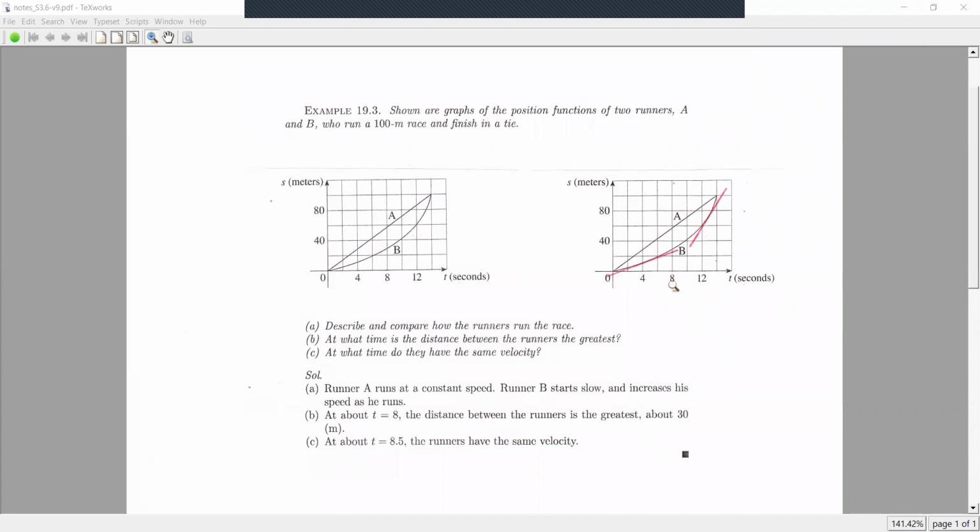That means that at time a, runner B is about 30 meters from the starting point. At a, the height of the graph for A is about 60. That is, at time a, runner A is about 60 meters from the starting point. So the distance between them is 60 minus 30, which is 30 meters.